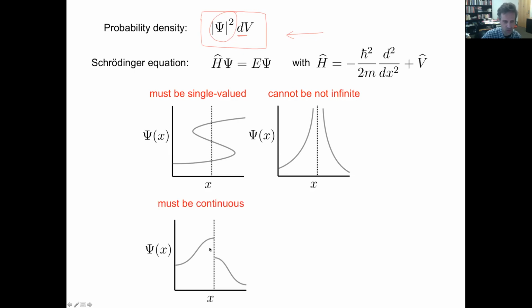Why must it be continuous? Because if it has a break like here, that means that its first order derivative is not defined. You cannot have a first order derivative if there is a break in the values at a given point.